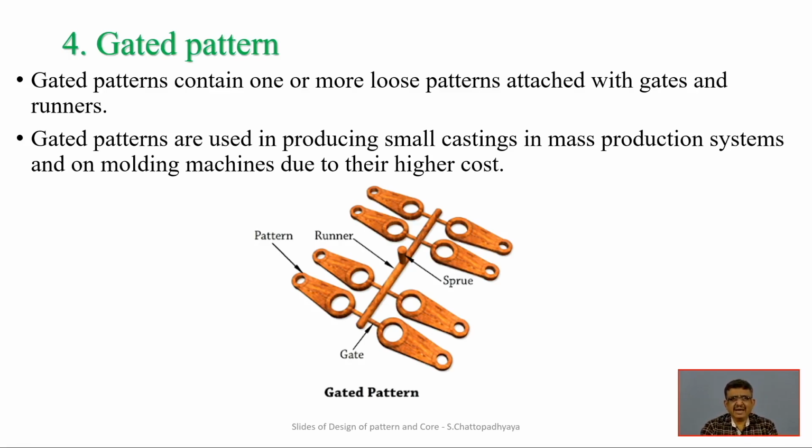The next one is the gated pattern, through which we can make many parts. Gated patterns are one or more loose patterns made in one single piece, and you can generate some kind of mass production. Many patterns are repeated along the gate, the line, and the entire thing is created so that it is easy to manufacture all of those in multiple numbers. It is the gated pattern we go for in mass production.